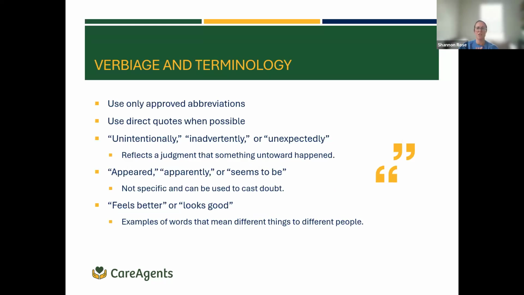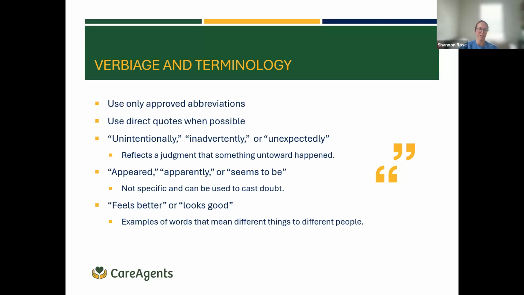Another best practice for documentation is to use or avoid certain verbiage and terminology. There should be guidance on which abbreviations are approved to use in the medical record. Direct quotes should be used when possible, particularly when describing the chief complaint.